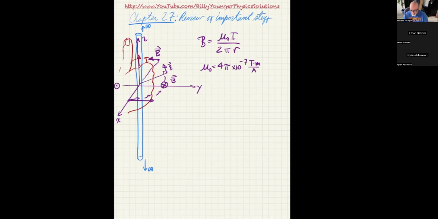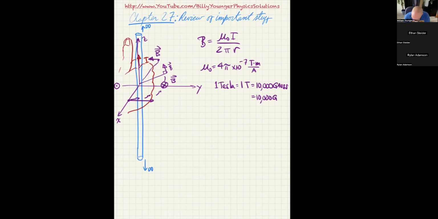So as you can tell, we're going to use the unit of Tesla for the actual magnetic field. There's also a unit of Gauss. 1 Tesla, 1 T, is equal to 10,000 Gauss. So that's another magnetic field unit.